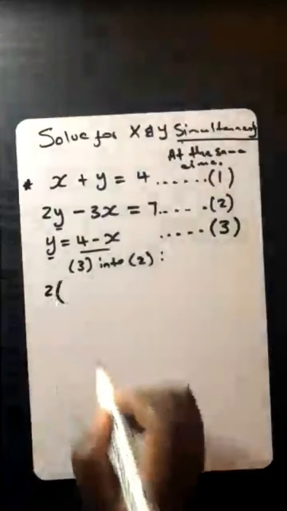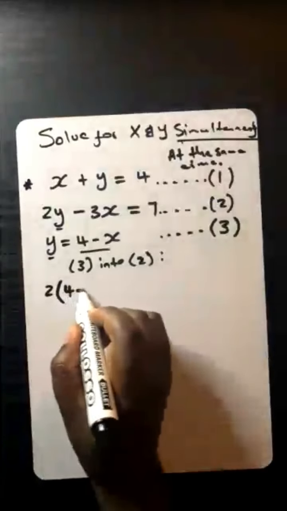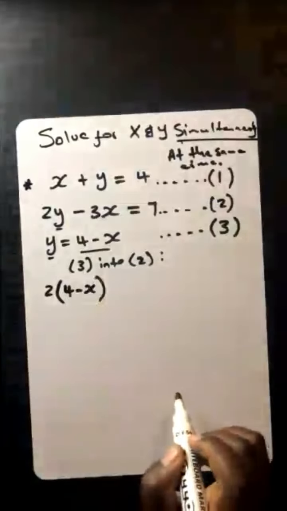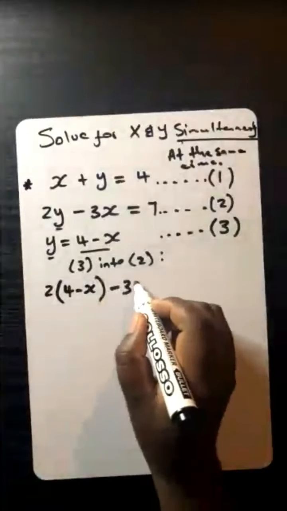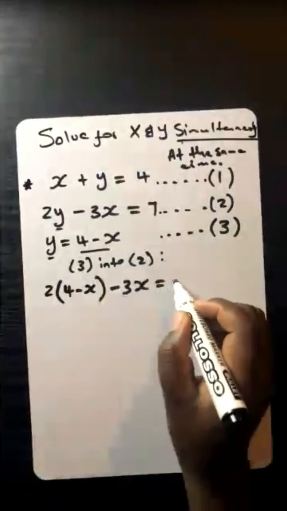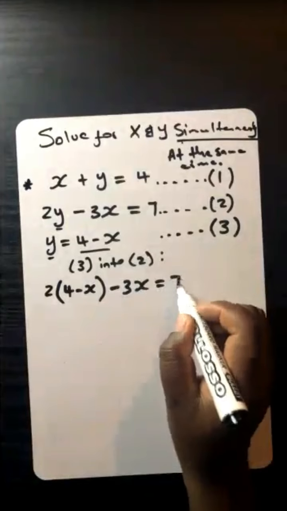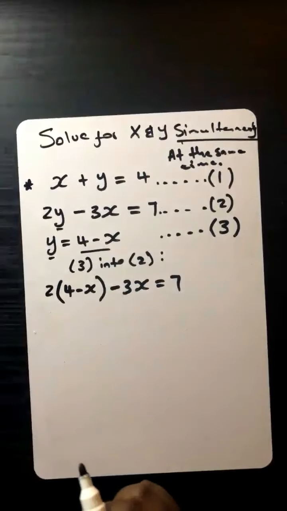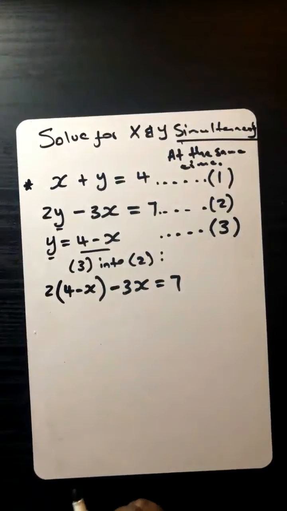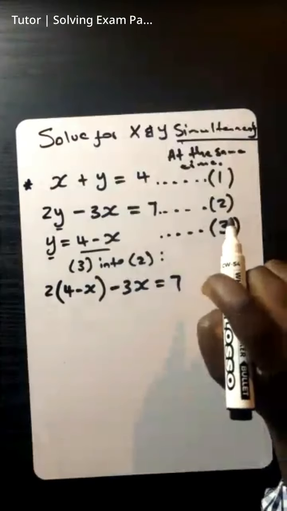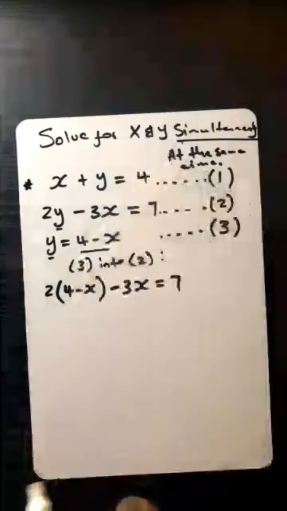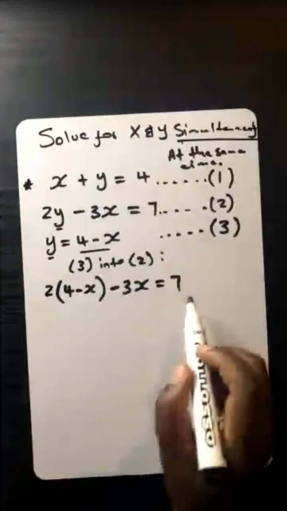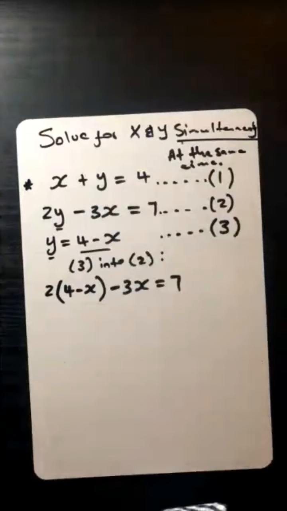So in 2, we've got 2 times 4 minus x, close, minus 3x equals 7. Guys, Kele and Shreyas, do you agree with me so far? Does it make sense? Do you understand? Yes, sir. 100%.